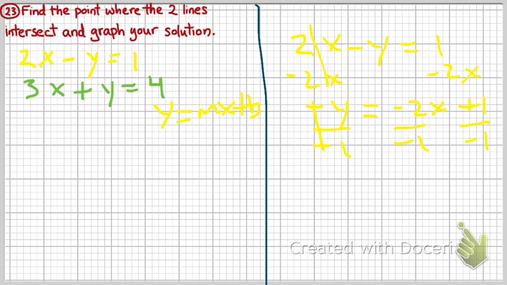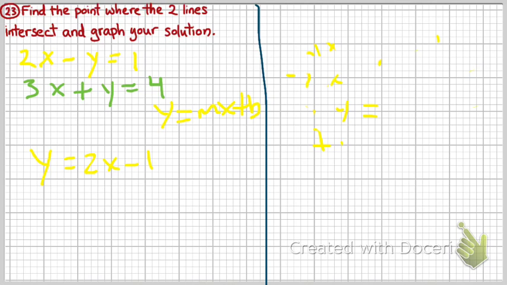So I'll divide by negative 1, which gives me a positive y, equal to positive 2x minus 1. So let me go ahead and write that over here, y equals 2x minus 1. So I have rewritten the first equation in slope-intercept form.